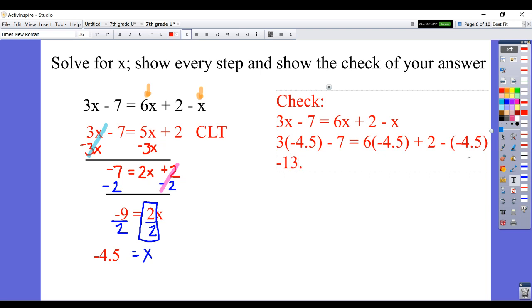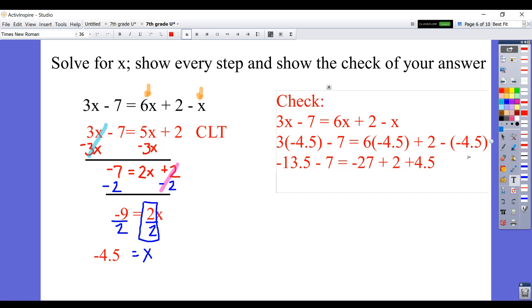So 3 times negative 4.5 should be negative 13.5 minus 7. 6 times negative 4.5 should be negative 27. And then a negative times a negative 4.5 would be a positive 4.5.